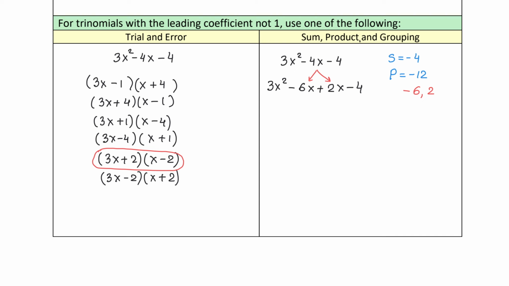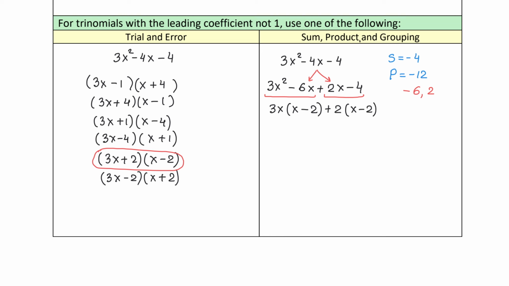And now we got a polynomial that has 4 terms, and to factor it, we will use grouping. For this, we will have the first 2 terms in one group and the last 2 terms in another group. And now in the first group, the greatest common factor is 3x, then in parentheses we will have x minus 2. Then in the second group, we will factor out 2, and inside the parentheses we will have x minus 2.